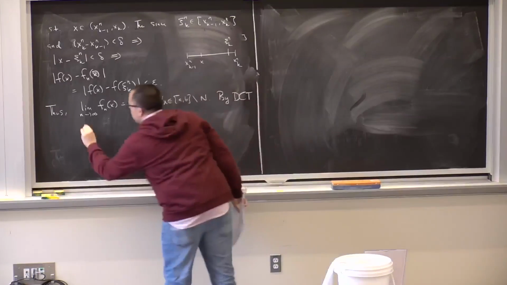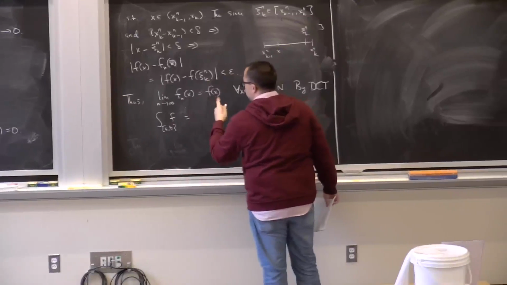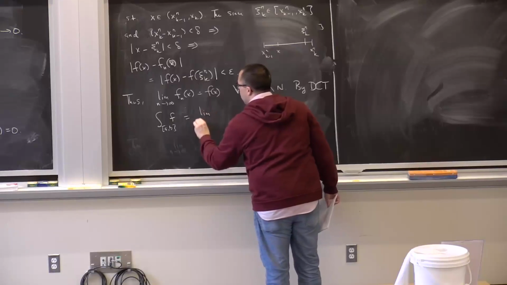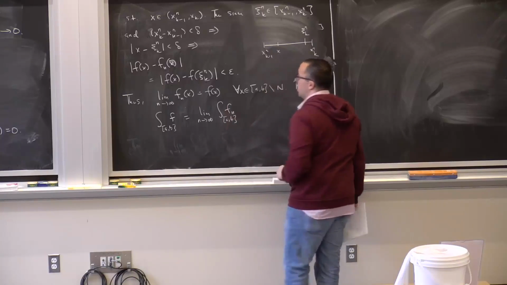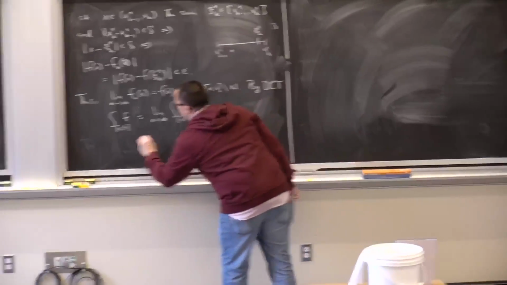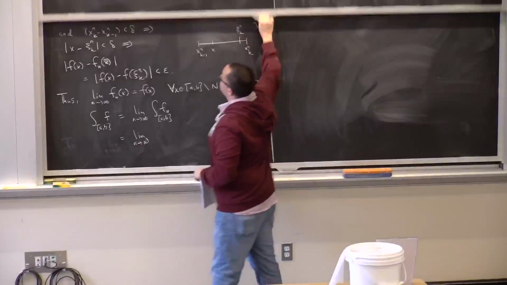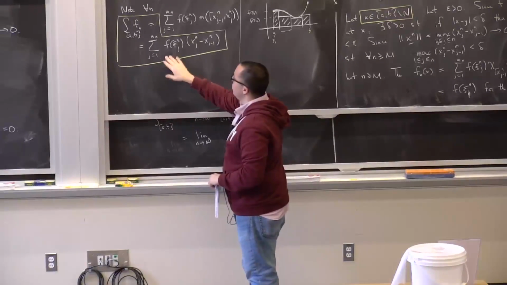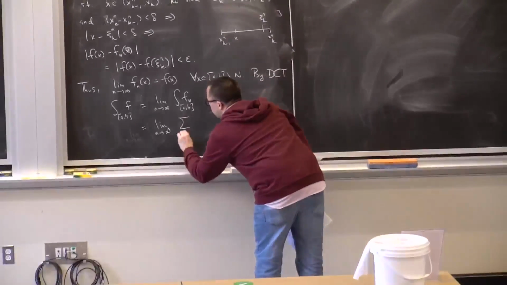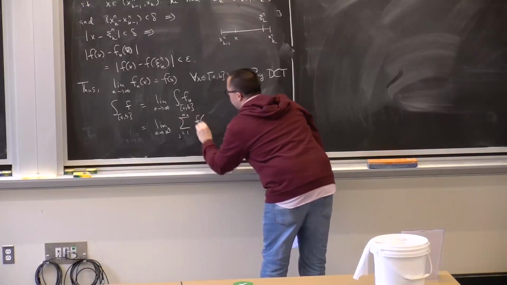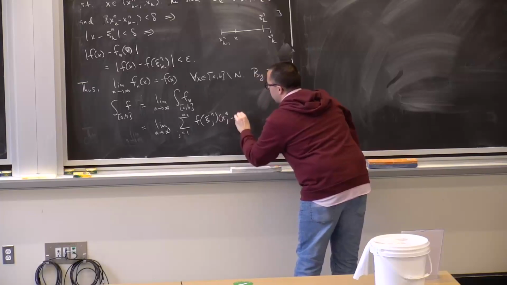the Lebesgue integral of this continuous function f(x) is equal to the limit as n goes to infinity of the Lebesgue integrals of these special simple functions, which, as we computed right here, is equal to the limit as n goes to infinity of the sum from j equals 1 to m_n of f(c_j^n) times (x_j^n - x_{j-1}^n).